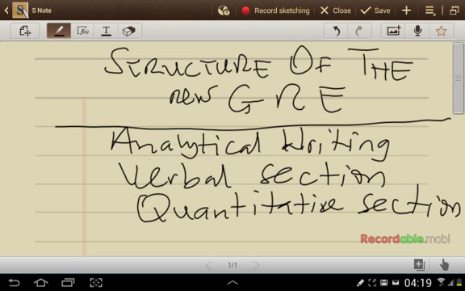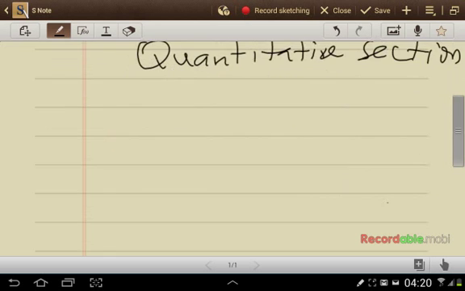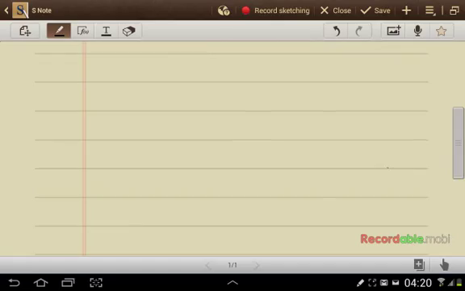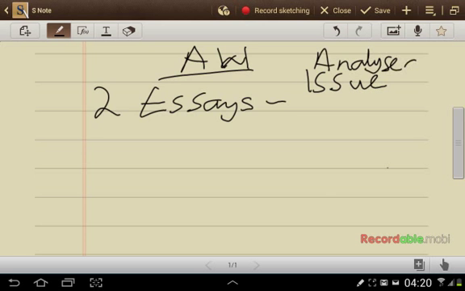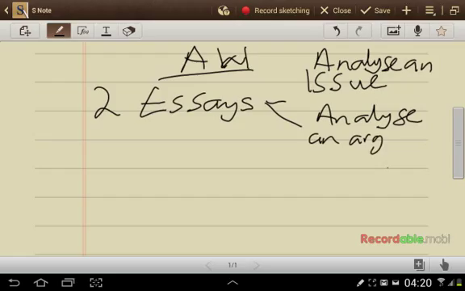Now, what are these? The analytical writing section is basically made up of 2 essays. We call it AWA or AW. So we have 2 essays in there: analyze an issue, and then analyze an argument.